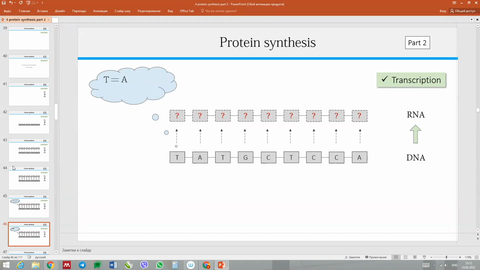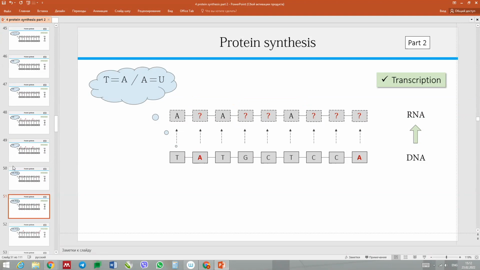So when you know that thymine corresponds to adenine, let's find thymine nucleotides in our DNA. They are here highlighted in red color. And this means that corresponding nucleotides in the RNA should be adenines.